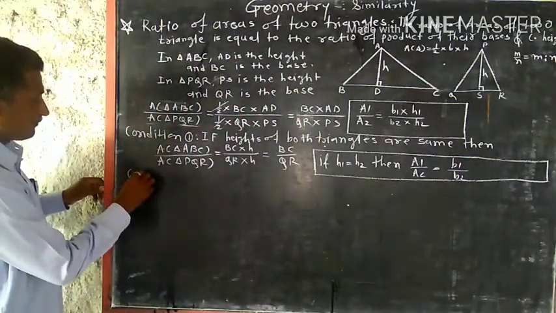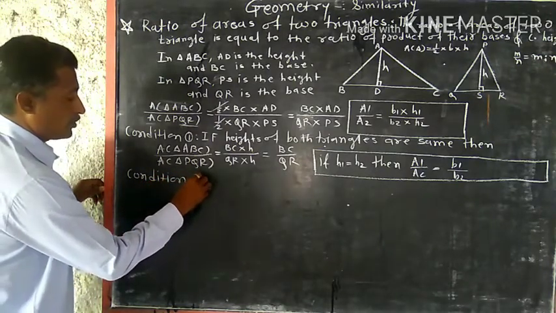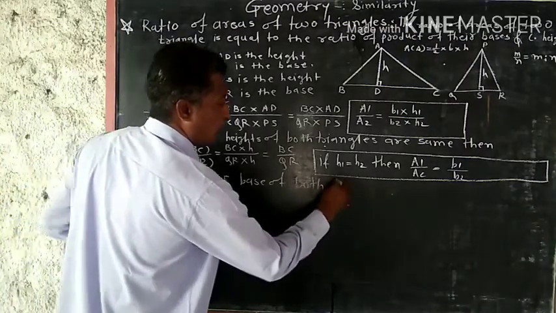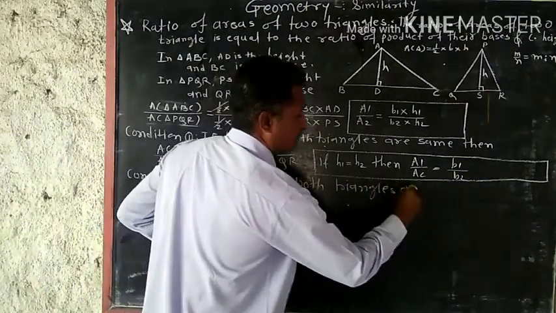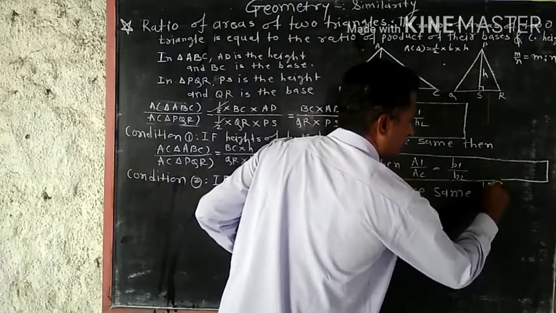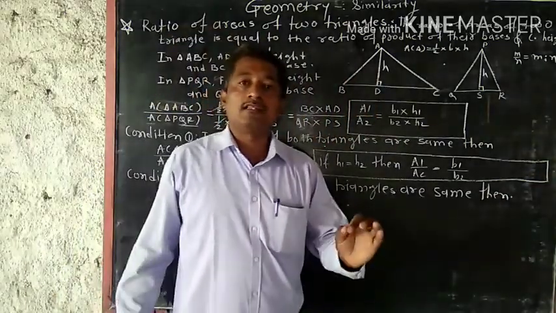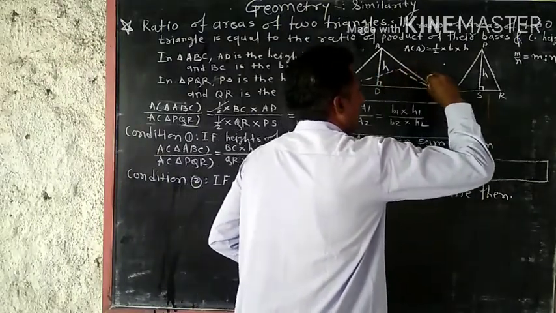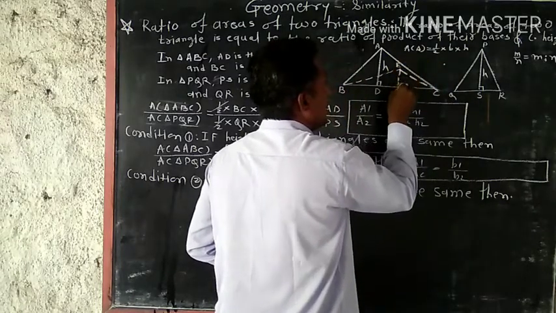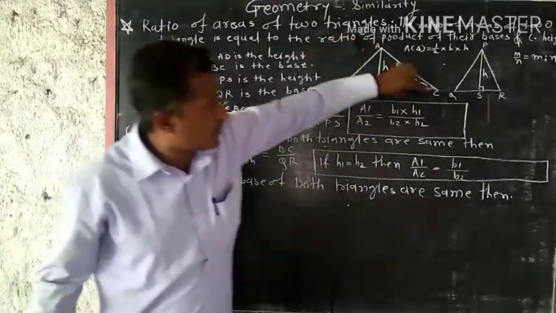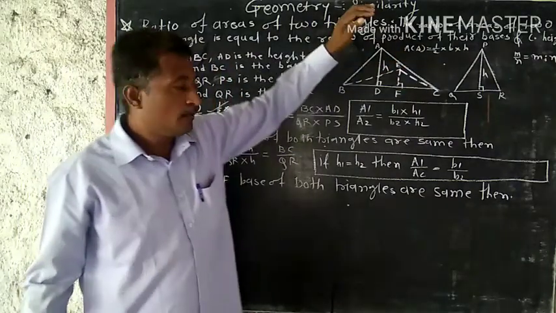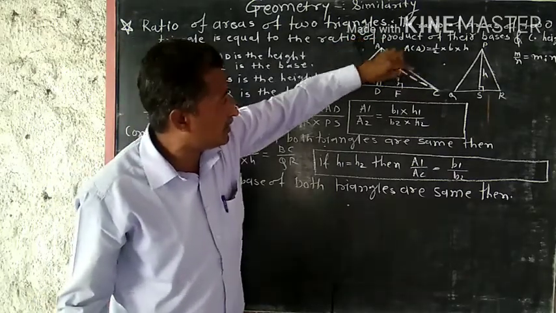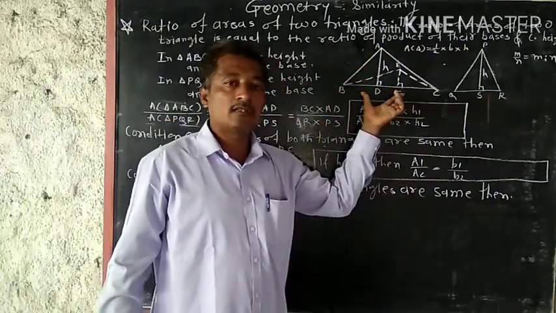Condition second, if the bases of both triangles are the same. Suppose in a triangle ABC and a triangle BEC, the height of triangle ABC is AD and the height of triangle BEC is EF, and the bases of both triangles are the same.